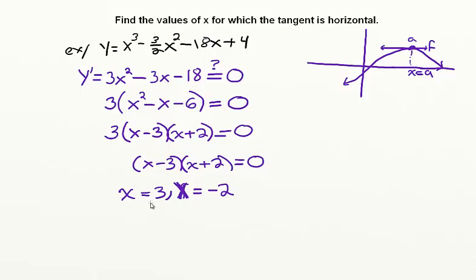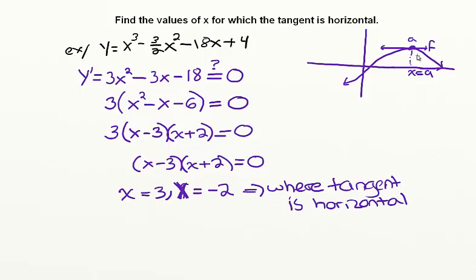So at x equals 3 and x equals negative 2, that's where the slope of the tangent line is 0, meaning the tangent is horizontal. So the derivative being equal to 0 gives us a tangent line slope of 0, and if the slope is 0, then it's a horizontal line. So we've solved the first problem.